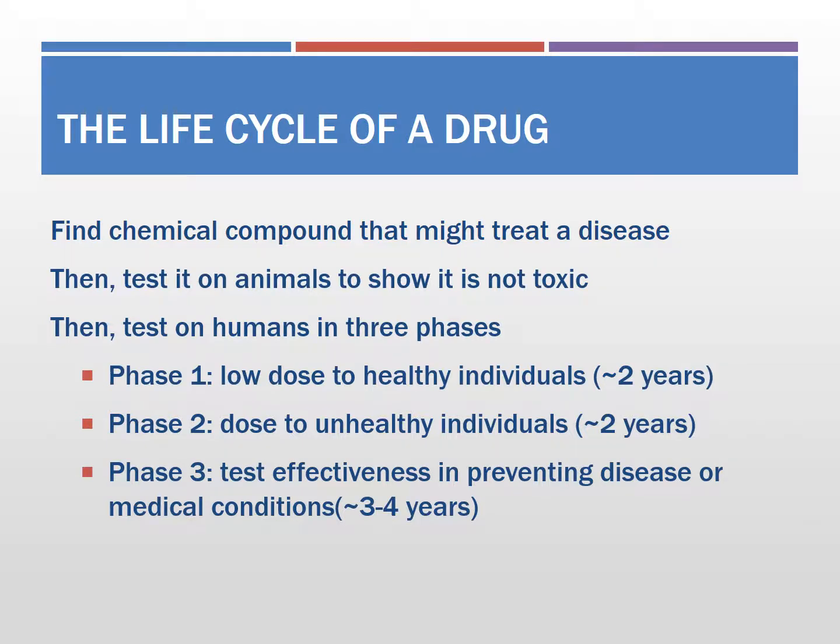Usually this phase takes the longest because it applies to real patients, and they have to observe the side effects and also the long-term effects of these chemical compounds on these sick people. So usually it will take up to 3 to 4 years to complete these trials.